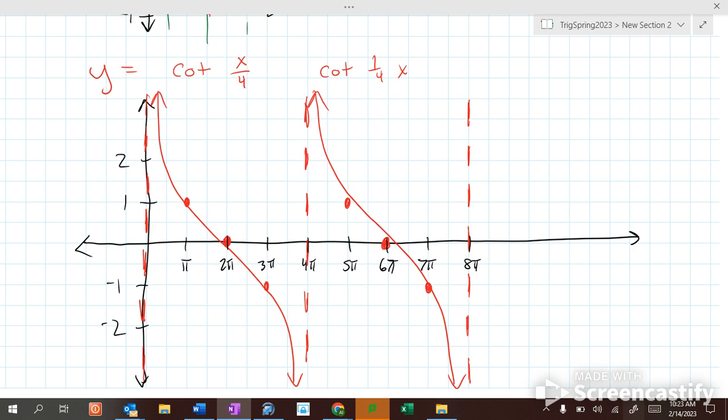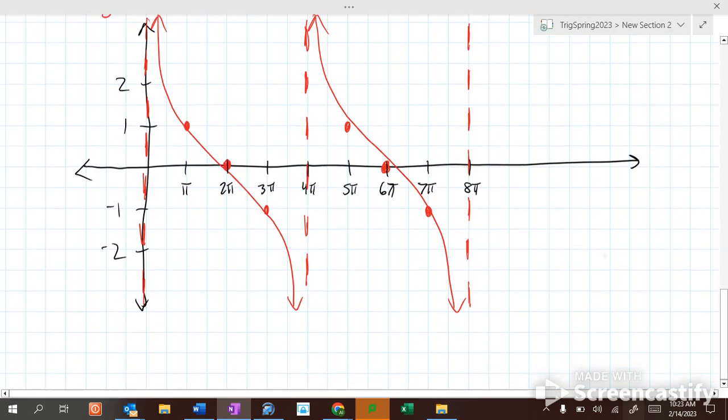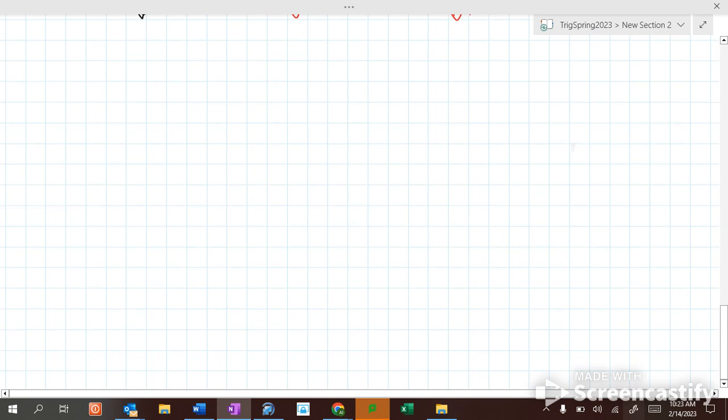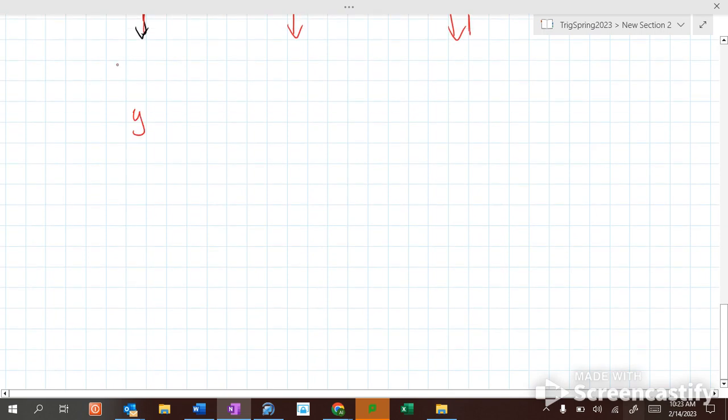Okay, let's do one more, and then I'll let you get on to your assignment. So let's say y equals negative 1/2 tangent of x minus 1.